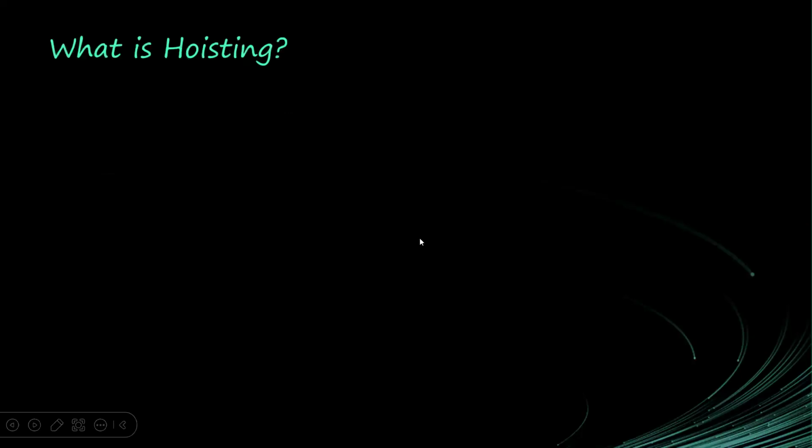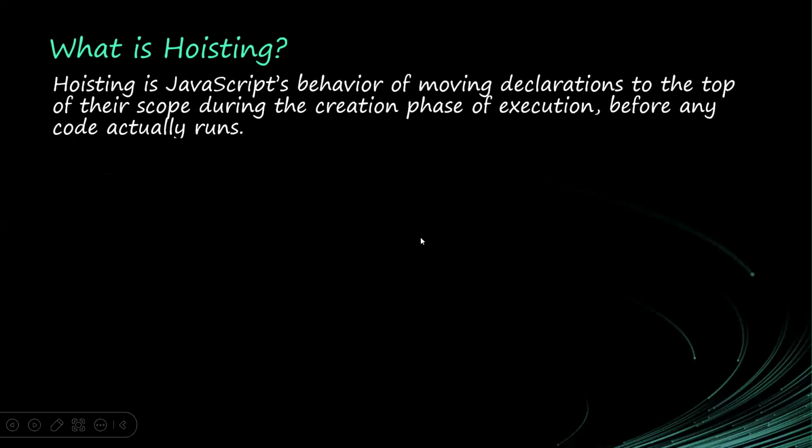All right. So what is hoisting? I have explained hoisting a bit in the previous class. Hoisting is JavaScript behavior of moving declarations to the top of their scope during the creation phase of execution. Remember, the execution context has two phases, the creation phase and the execution phase.